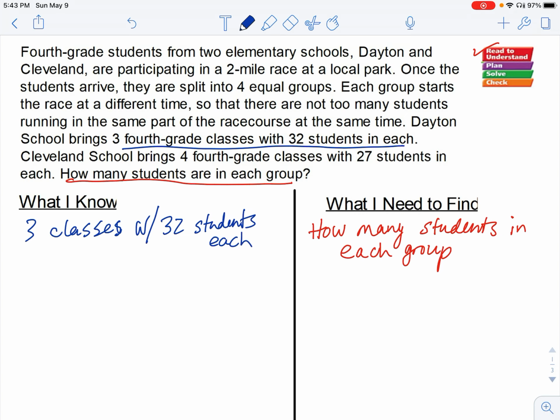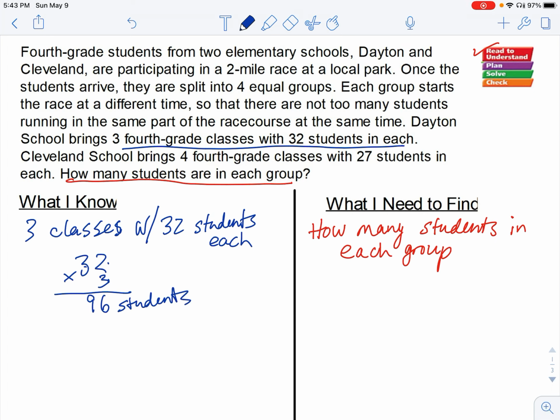Okay, and if I wanted to translate that and think, okay, how many students is that in total? Well, translating that into our math terms, we would do 32 times 3, right? To get, you can help me with this, check my work. 3 times 2 is 6, 3 times 3 is 9. So that's 96 students right there.